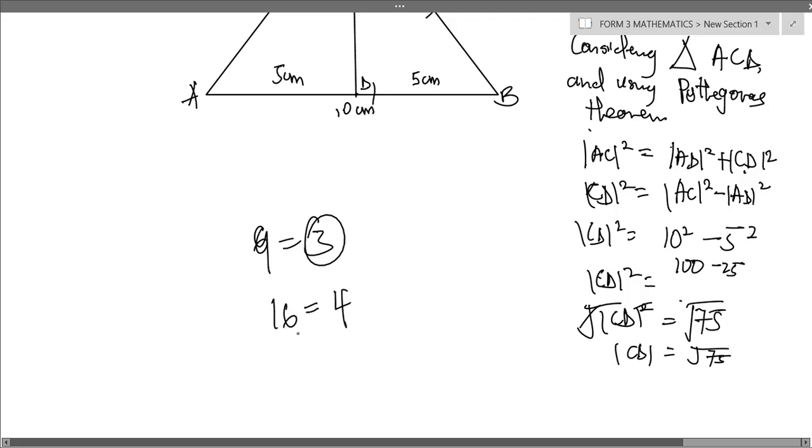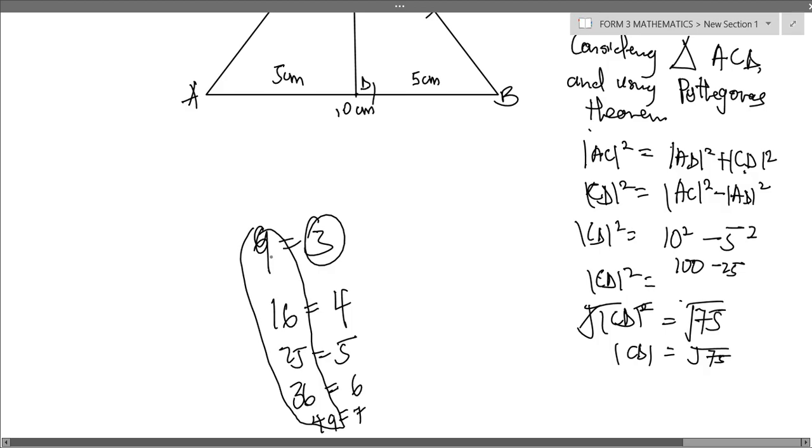We take 25, we get 5. We take 36, we get 6. We take 49, we get 7. So these are all perfect squares that when we find the square root, we get a whole number.